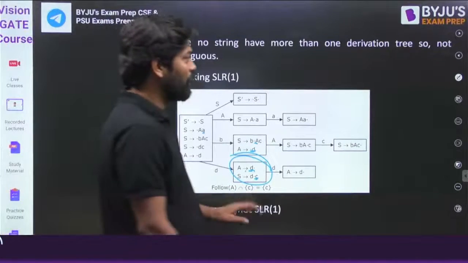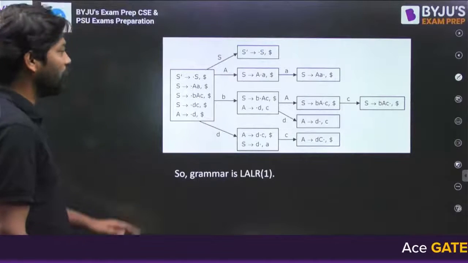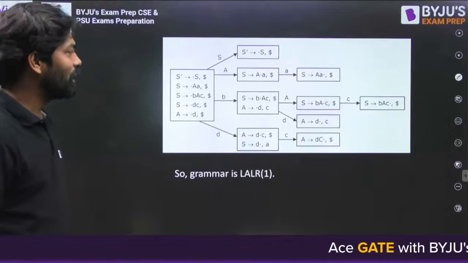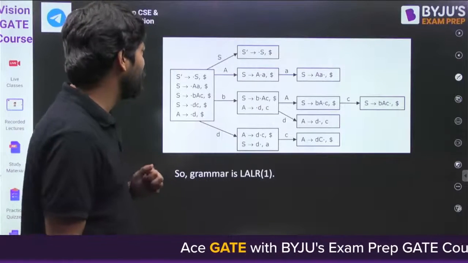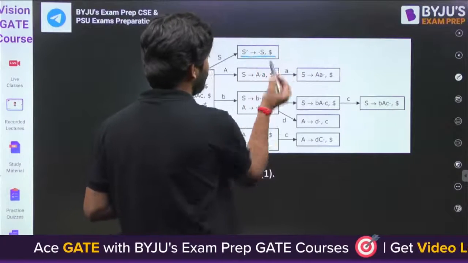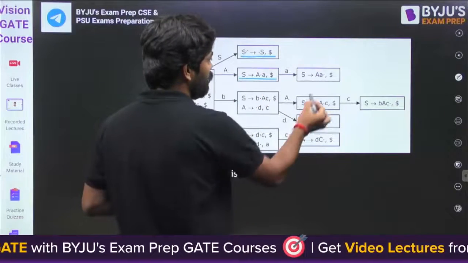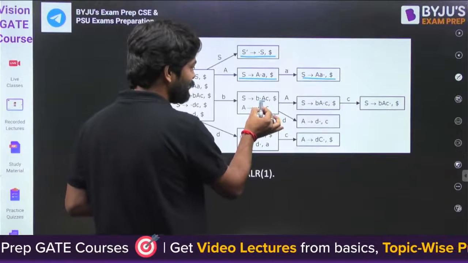Okay. Now, see clearly, what about LALR1? If you try LALR1, my dear friend, is there any conflict in LALR1? You just see the states. This is acceptance on dollar. No problem. Here we have multiple productions. This is a state item.